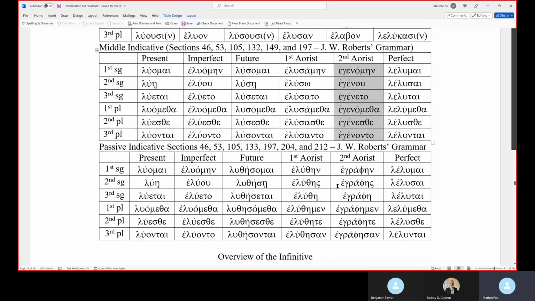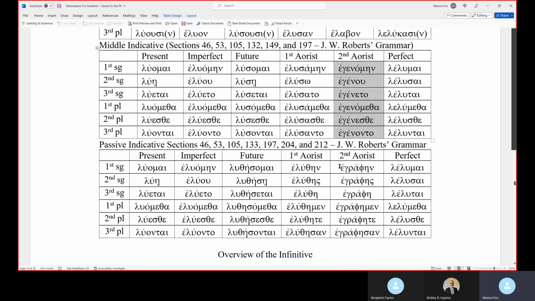And then we have second aorist passive voice. Now remember, in the aorist tense, the middle and passive have different forms. So kind of remember that. In the future, middle and passive are different, I'm sorry, in the aorist and in the future.